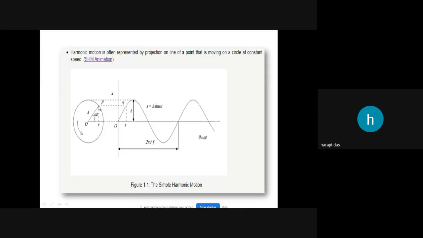These two lines, PR and QS, are the perpendicular lines from points P and Q to this mean line. This is the equilibrium line, and here also one reference line is considered as the equilibrium line. So we will see how the equation is actually formed.